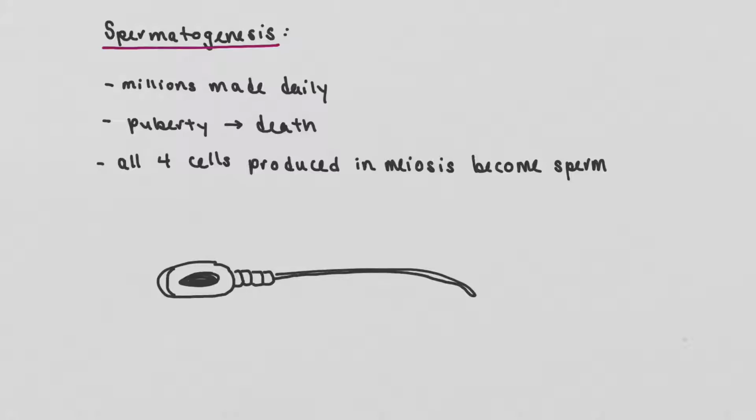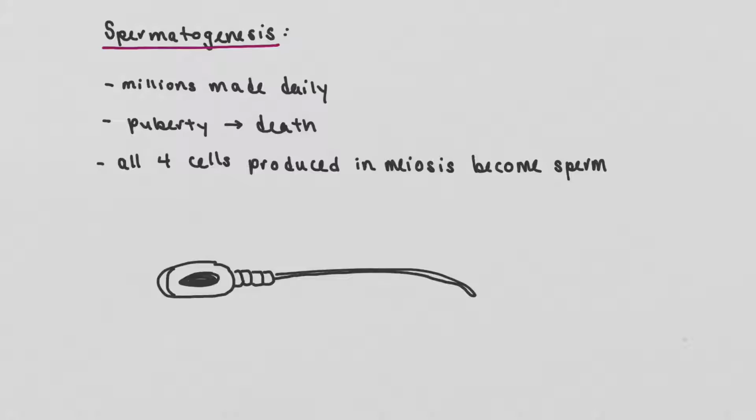Whereas in females, they're born with a set number of cells that have already begun meiosis, and that set number is all the female will have to produce egg cells. And not all of those will actually go on to become egg cells, which we'll learn about when we learn about the female reproductive system.